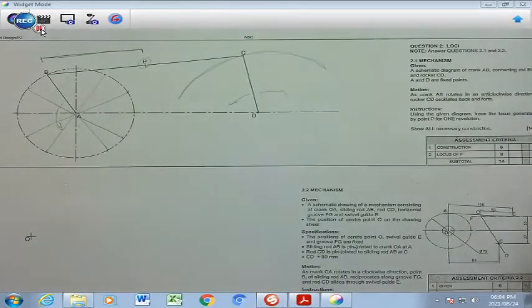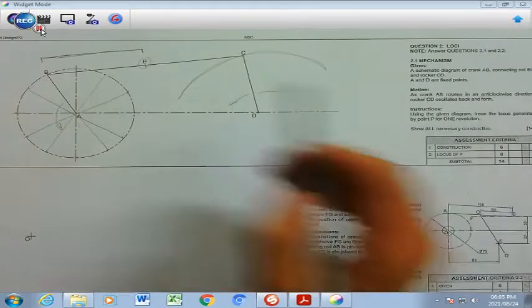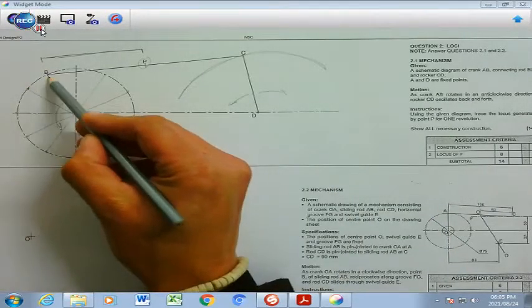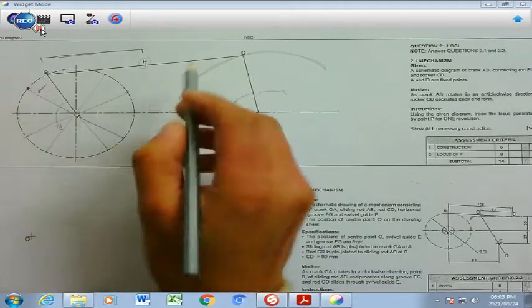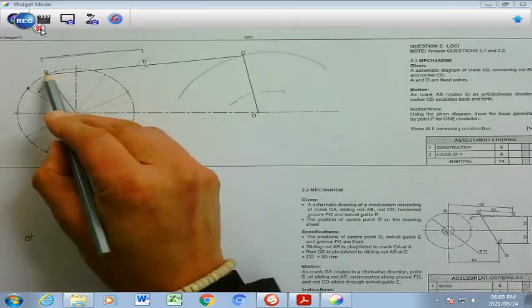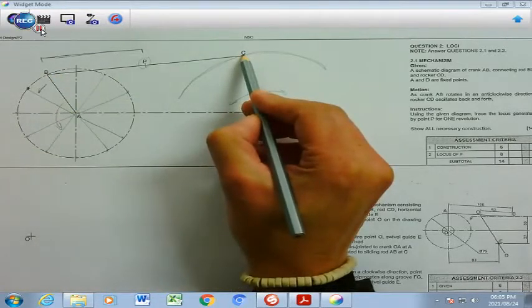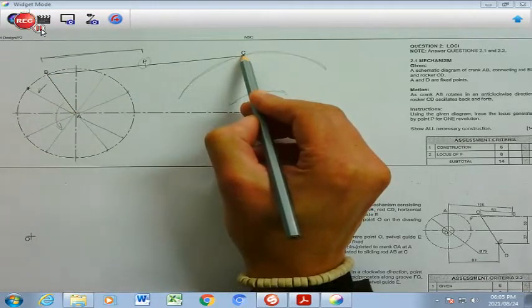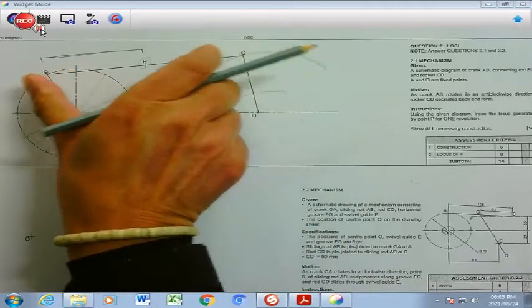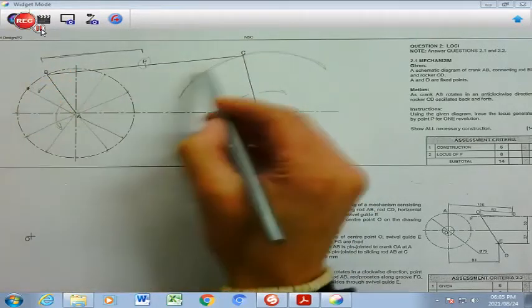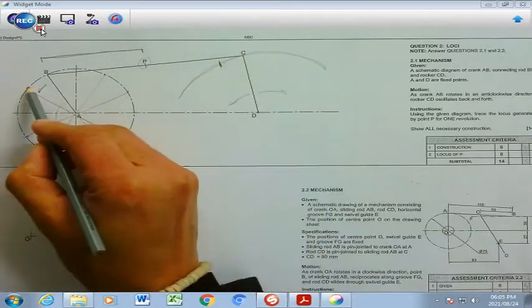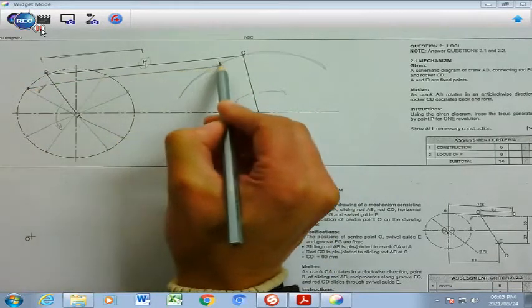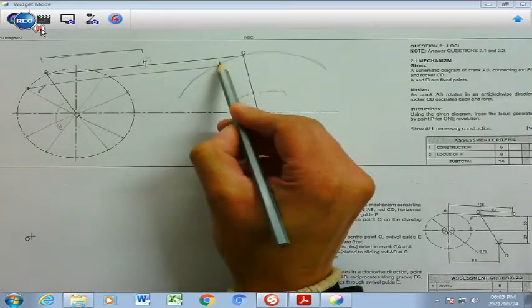So the 3 steps which you are going to follow when you move from this point to that point: you mark that point. You take your compass and open it up at the size of BC, and you cut off on this line that size, and you draw that line until you get to that marked off point.